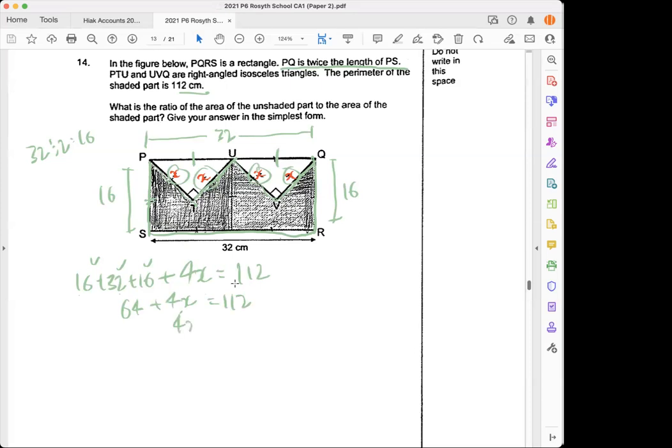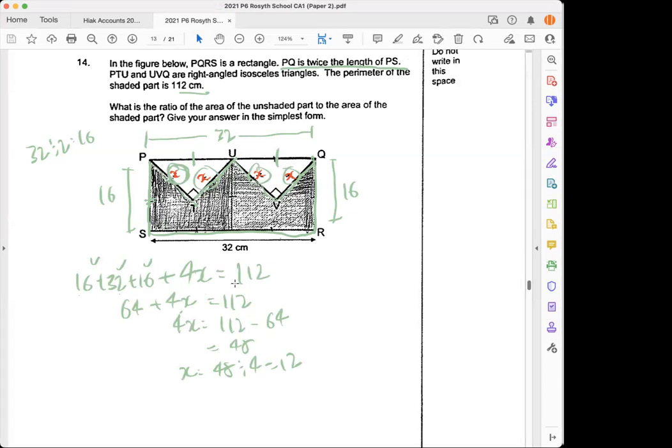So 4x will be equal to 112 minus 64, and that gives you 48. So x is equal to 48 divided by 4, 12. So each of these x is equal to 12.